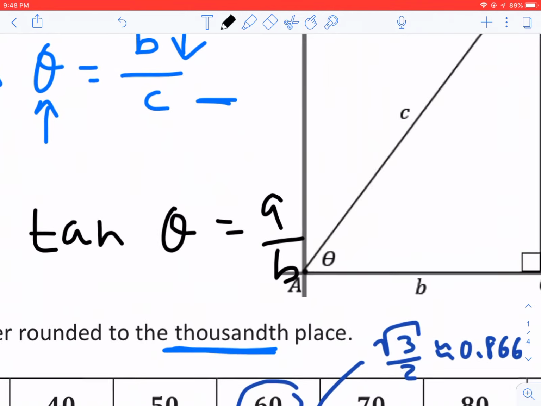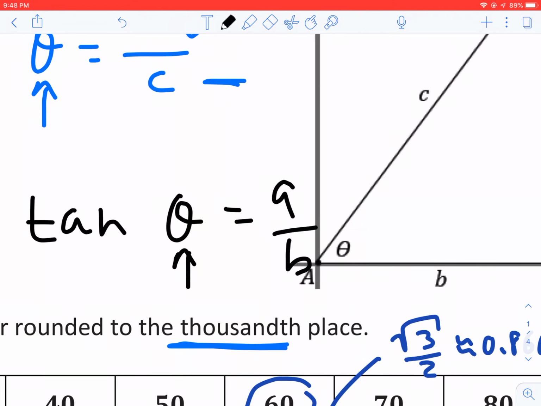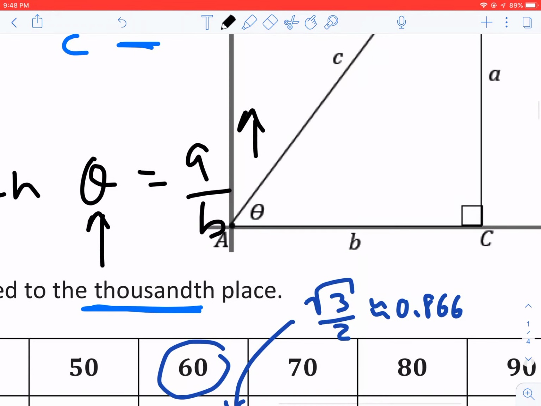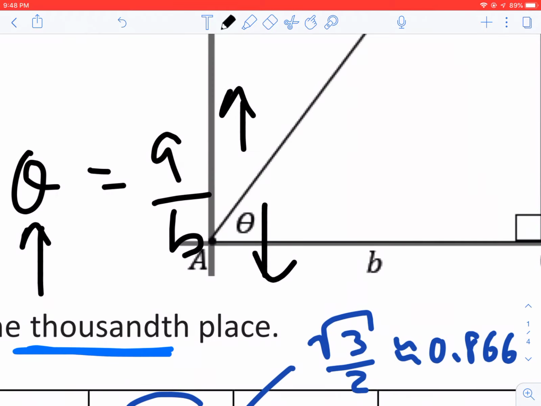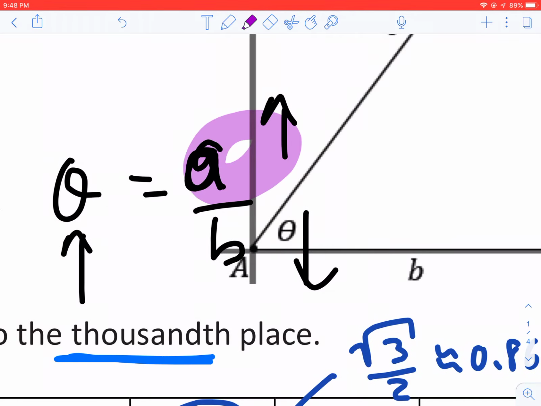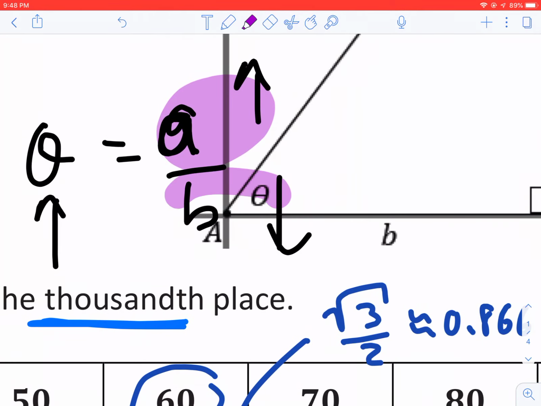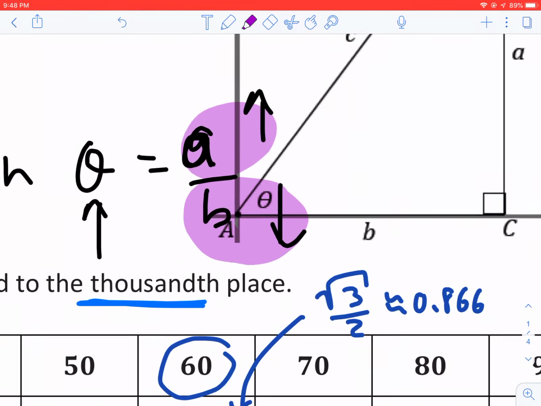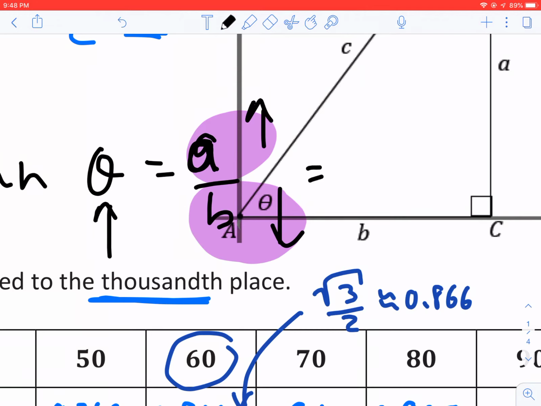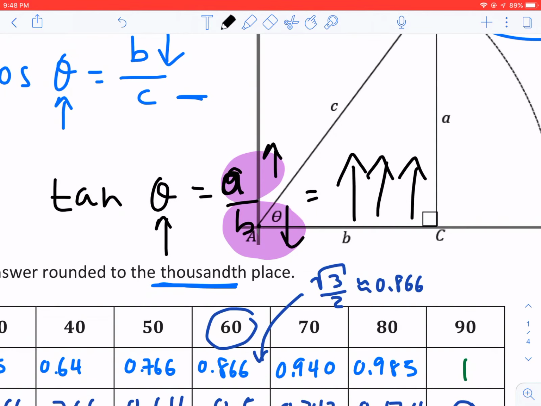So as this angle increases, if A is increasing and B is decreasing, well, we're going to be dividing an increasingly larger number, right, by an increasingly smaller number. And what that means is tan theta is going to just increase, but it's going to increase way faster than sine theta.